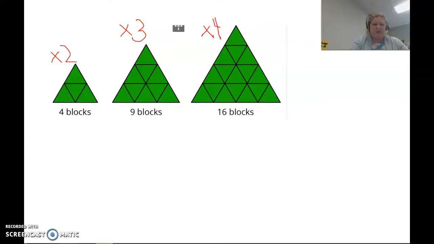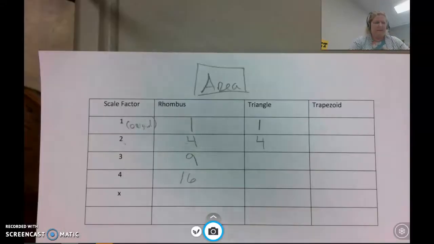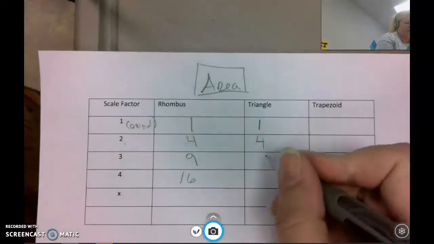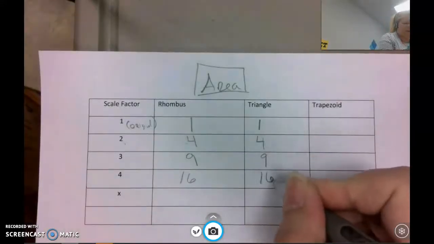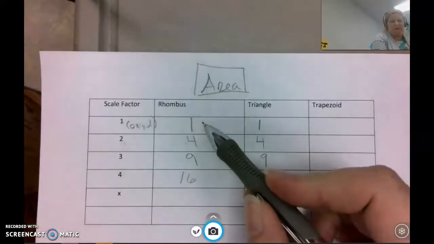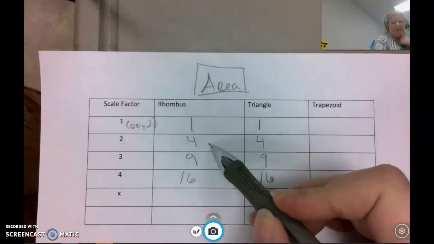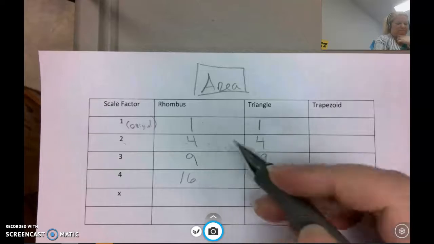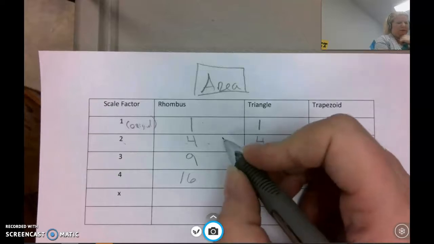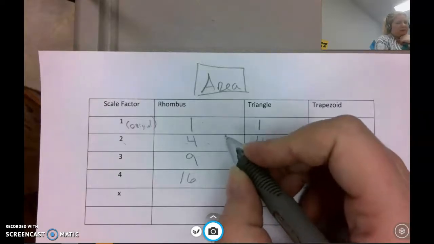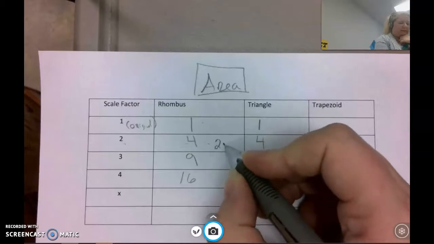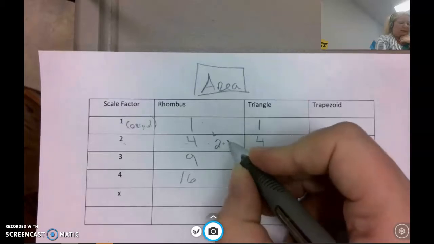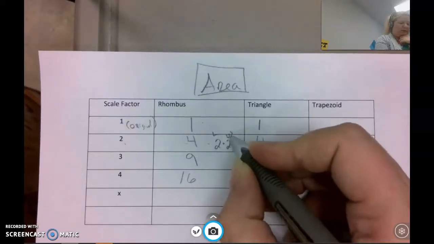So let's look at our chart. These did turn out to be the same. So if I took my original and I just doubled it, that would be 2. But it wasn't 2. I wonder if it's because I did the length and the width.